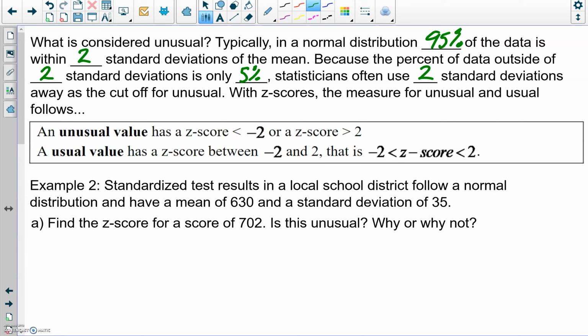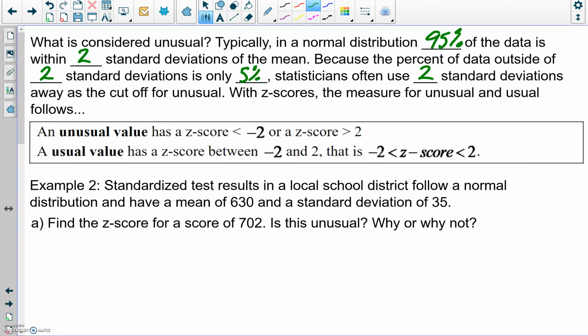It's an unusual value. You're so far away from the middle, you're in that little tiny 2.5% on either side of that 95% chunk in the middle between the 2 standard deviations. That's unusual. So a usual value has a z-score between -2 and 2.